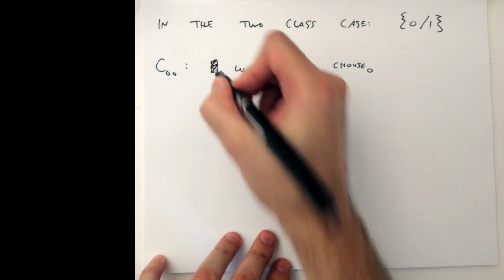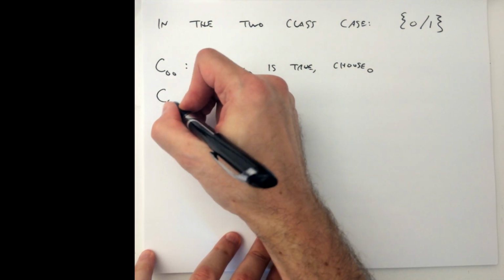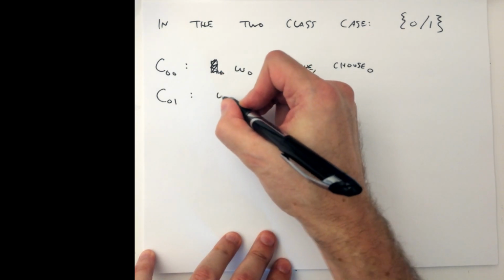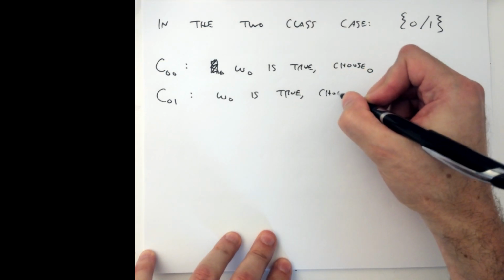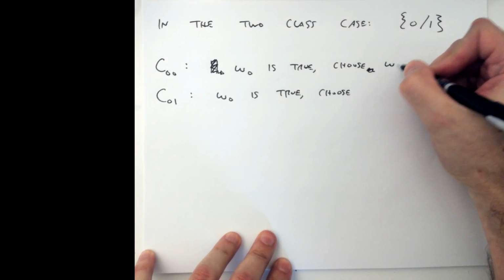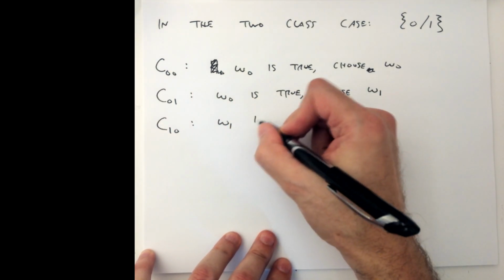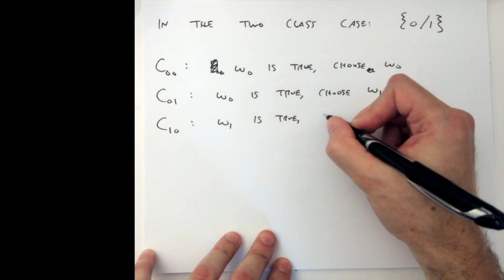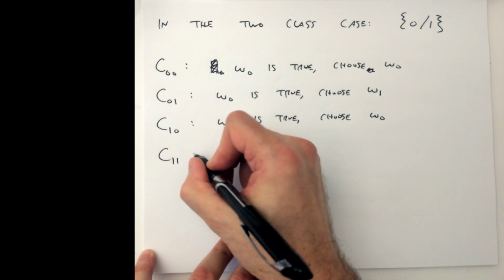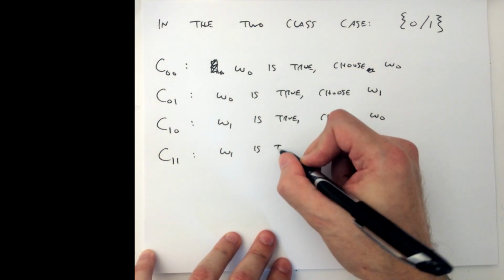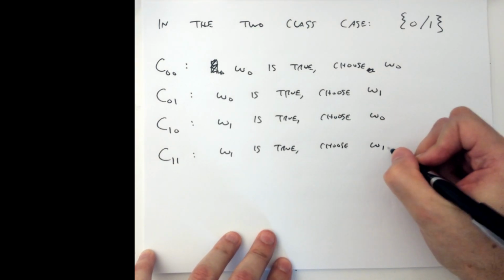The other way I could have this is that omega 0 is true, but I choose omega 1. The other way around is that omega 1 is true, and I choose omega 0, and then omega 1 is true, and I choose omega 1.